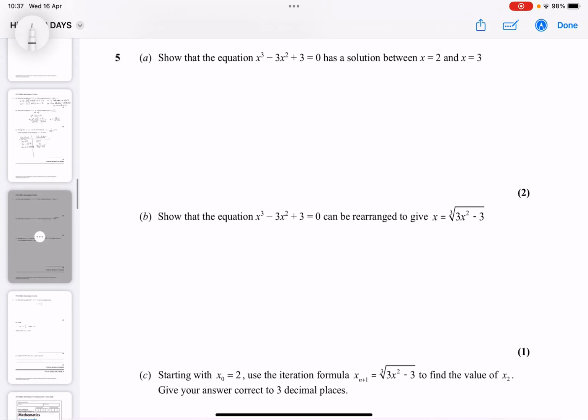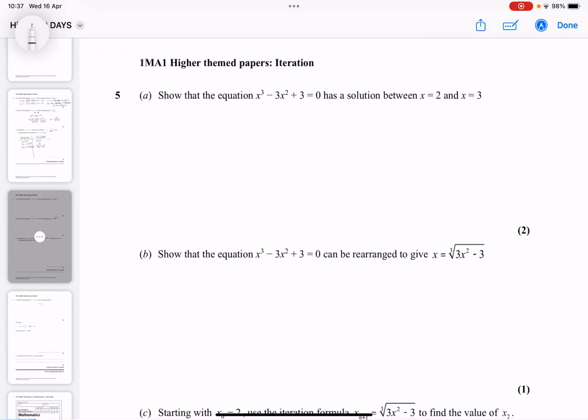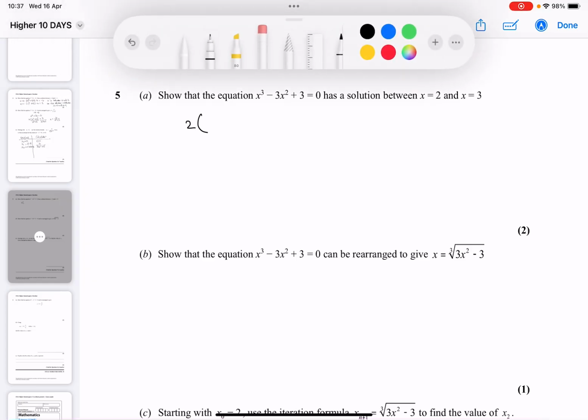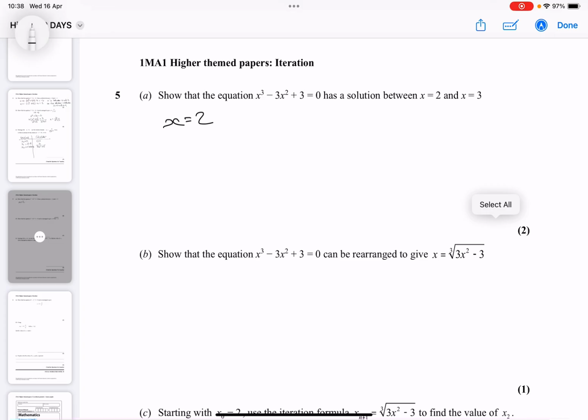A couple more. Show that the equation has a solution between, so it's very similar. So I've got x equals 2, so I've got 2 cubed minus 3 lots of 2 squared plus 3.